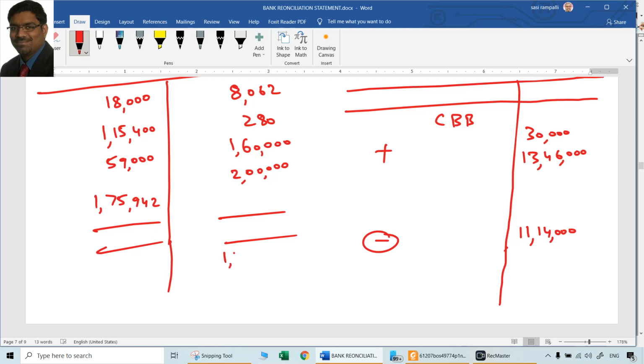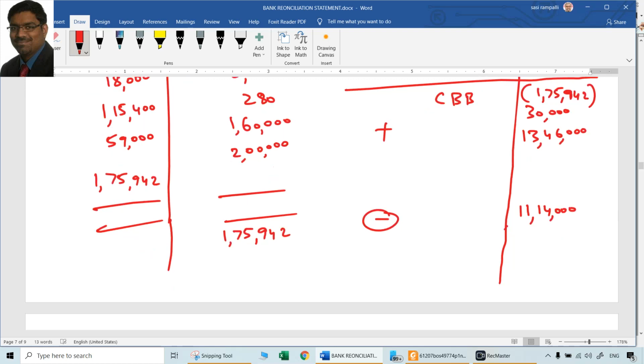It is a credit balance, means overdraft balance 175,942. Recheck that. 175,942 overdraft balance. So the starting point will be overdraft. That doesn't make any difference. Only that it starts with a negative amount.